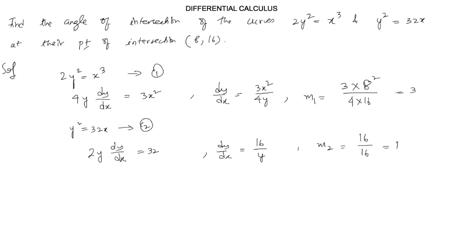Now if theta is the angle between the two curves at (8, 16), tan theta is equal to 3 minus 1 divided by 1 plus 3 into 1, which gives us 2 by 4, which is 1 by 2. So theta is tan inverse 1 by 2.